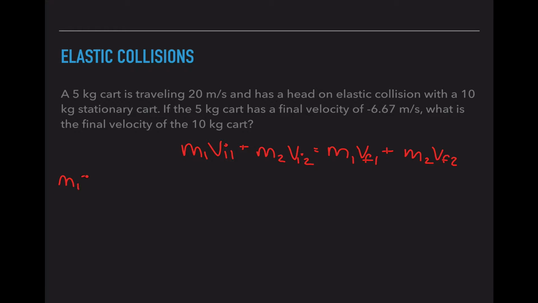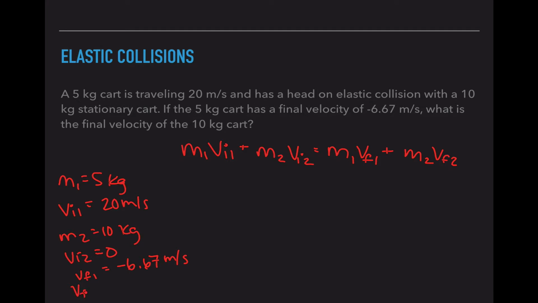So mass 1 is 5 kilograms. VI1 is 20 meters per second. Mass 2 is 10 kilograms. VI2 is 0. VF1 is negative 6.67.